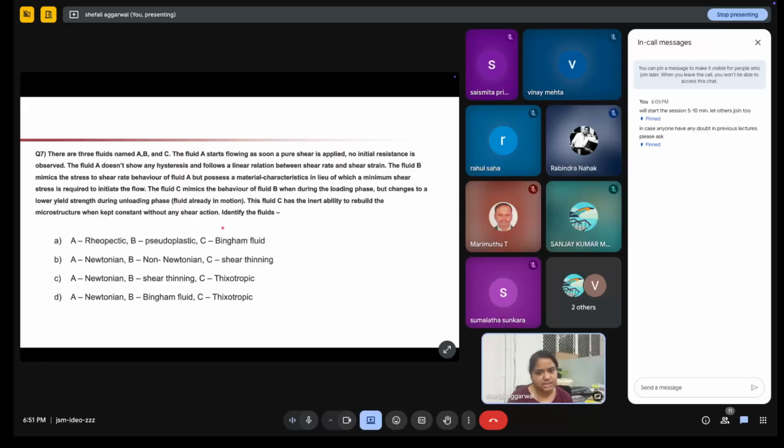The fluid C mimics the behavior of fluid B during the loading phase but changes to a lower yield strength during the unloading phase. This fluid C has an inherent ability to rebuild the microstructure when kept constant without any shear action. What do you think are these types of fluid?